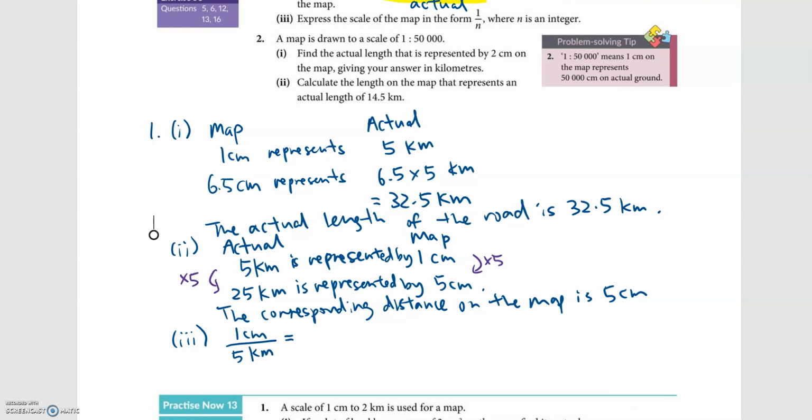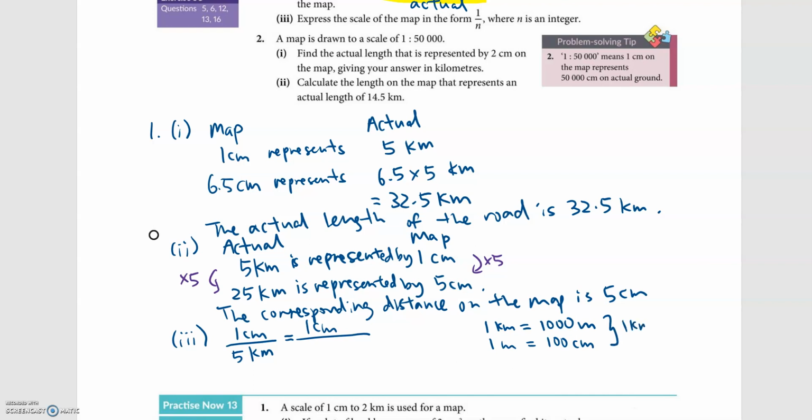And now, of course, before I simplify this, I have to make sure that the two values here have the same units. So I will change the kilometers to cm. I know that 1 kilometer is 1000 meters, and in turn, 1 meter is 100 cm.